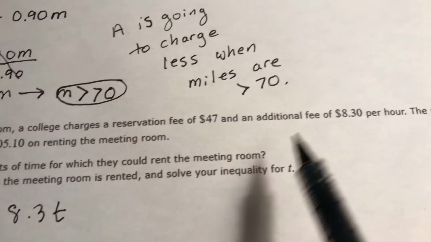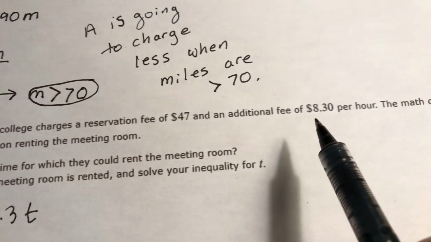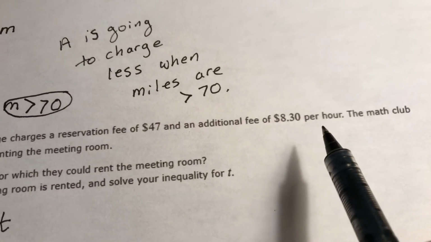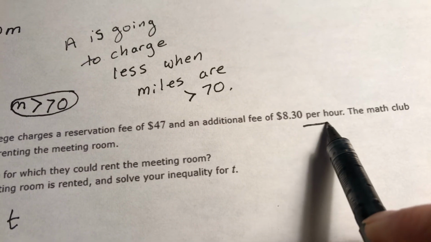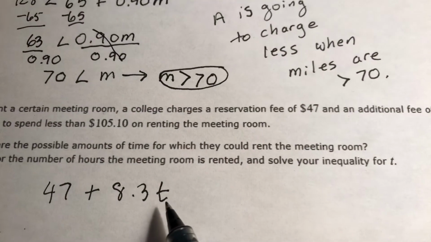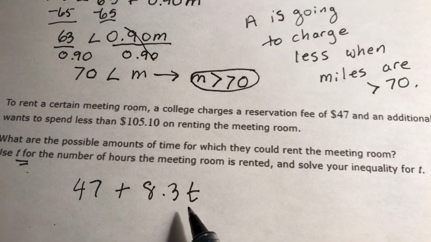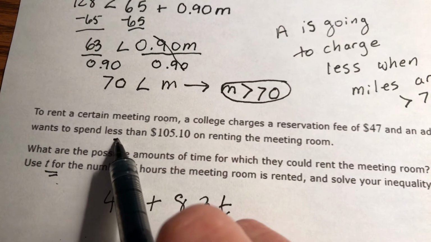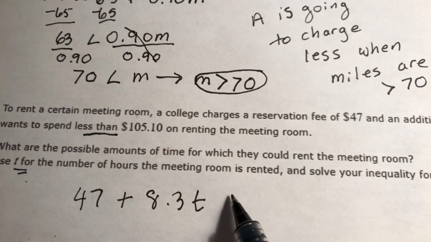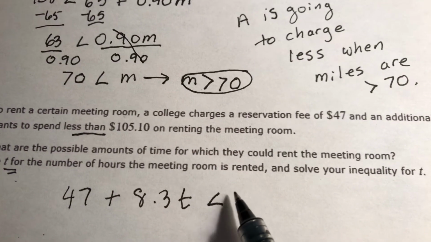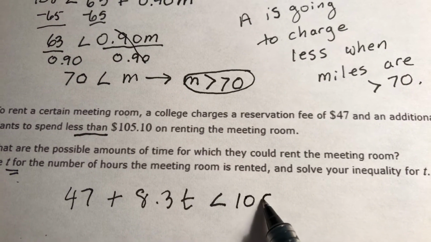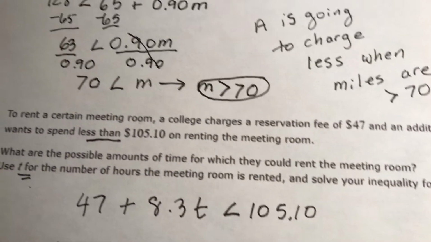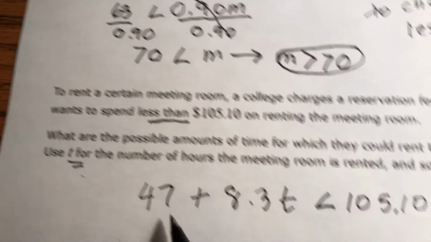And an additional fee, that's why I added, of $8.30 per. This gives me the hint. This is where I'm going to be changing. Per hour, T is the number of hours. They want to spend less than. Now notice that's not less than or equal to. They want to spend less than 105.10. All right, inequality is done.